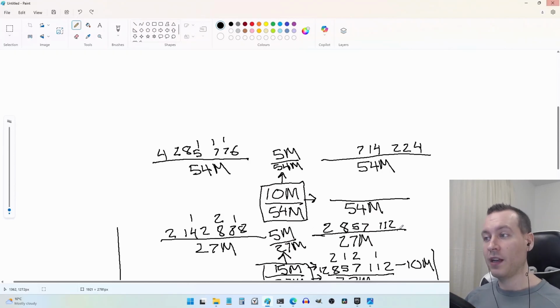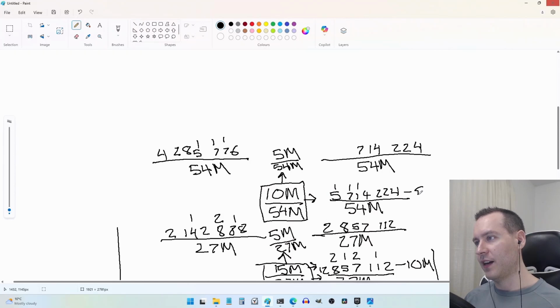So let's multiply this numerator by 2 so that we can have a matching denominator. So 2 times 2 is 4, 2 times 1 is 2, 2 times 1 is 2, 2 times 7 is 14, 2 times 5 is 10, carry the 1 is 11, 2 times 8 is 16, carry the 1 is 17. 2 times 2 is 4, carry the 1 is 5.